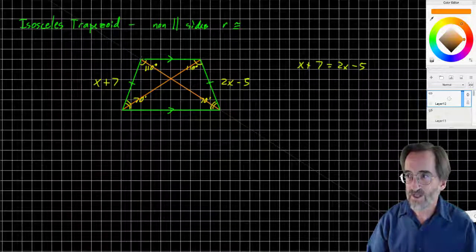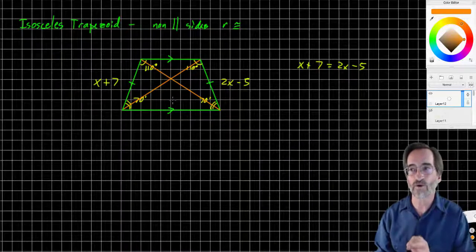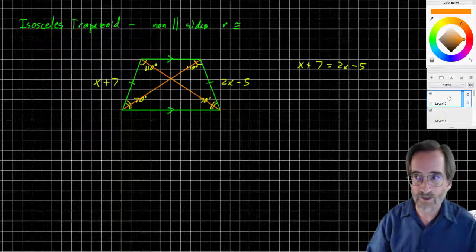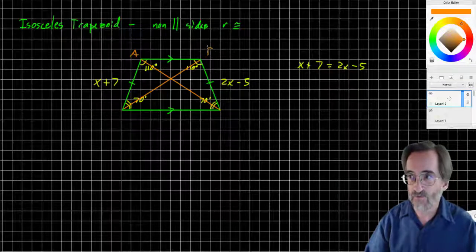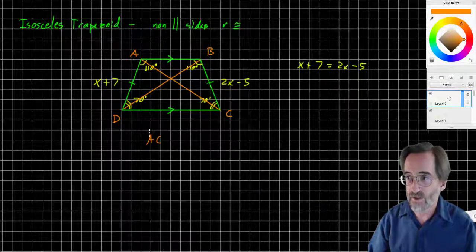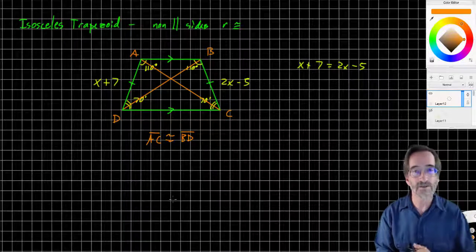A parallelogram with congruent diagonals is a rectangle. But a quadrilateral with congruent diagonals is not necessarily, because it might not be a parallelogram at all. It might be an isosceles trapezoid. So AC is congruent to BD. That is, the diagonals are congruent in an isosceles trapezoid.